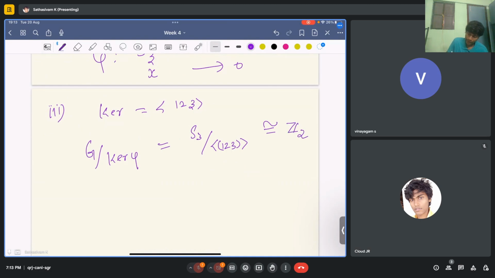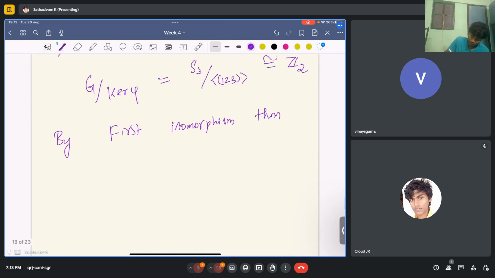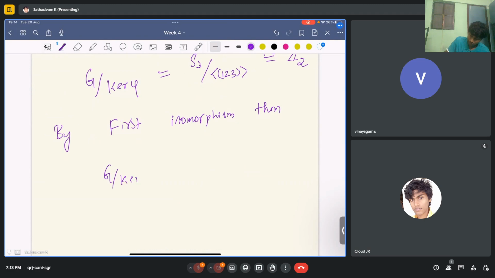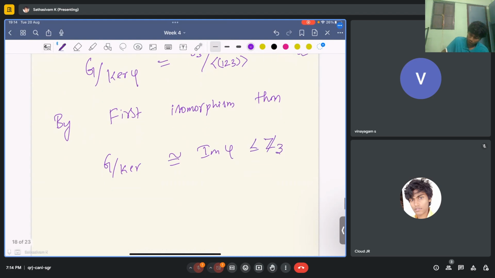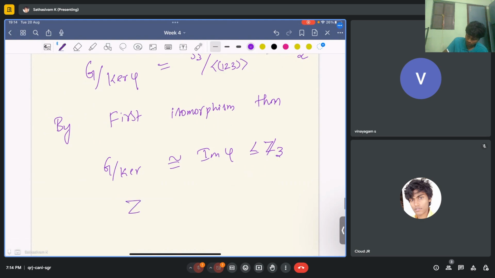By the first isomorphism theorem, G by kernel is isomorphic to the image of phi, which is contained in Z3. G by kernel is Z2, so it says Z2 is contained in Z3.